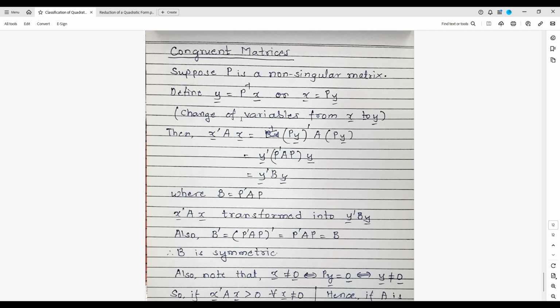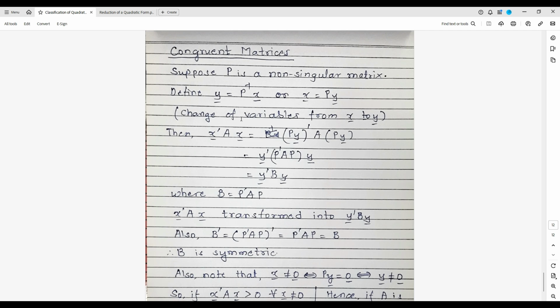So the original vector is x and now the new vector is y, and further we can write y as P inverse x, or we can write x as P times y. So if that is the case, then what happens to the quadratic form which appears in the new vector, that is vector y?